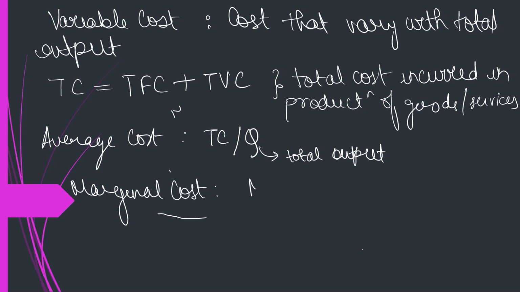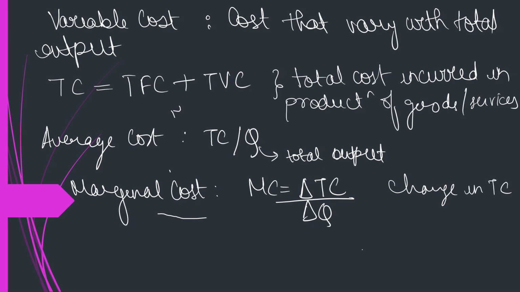It is the change in total cost due to unit change in output. Since fixed cost cannot be altered, therefore MC is change in variable cost. It is the first derivative of the cost function.